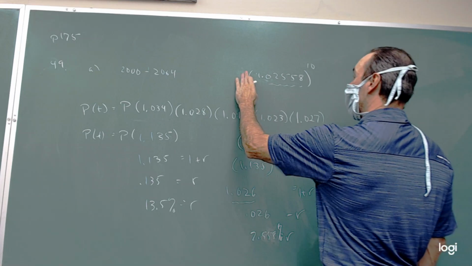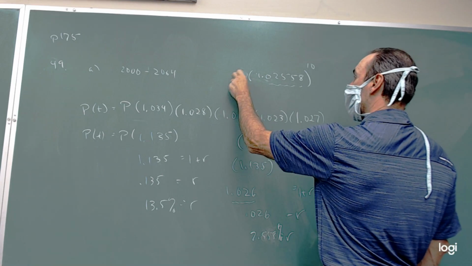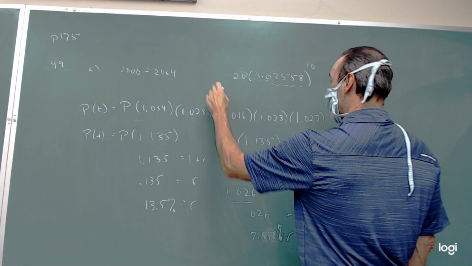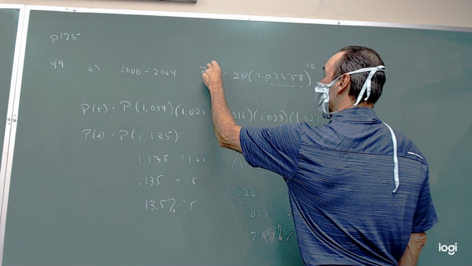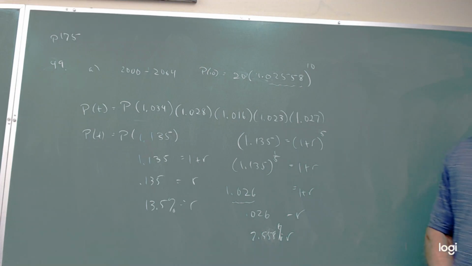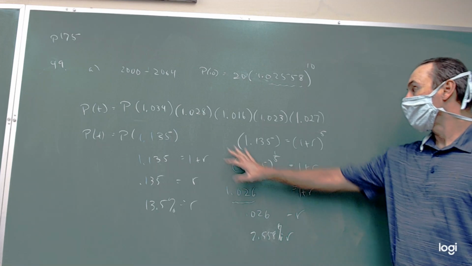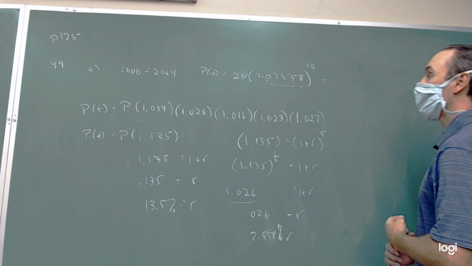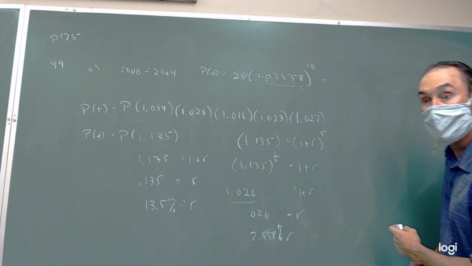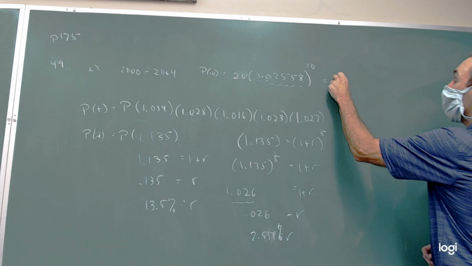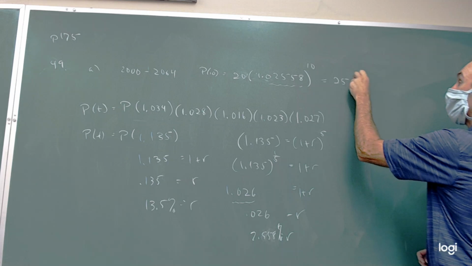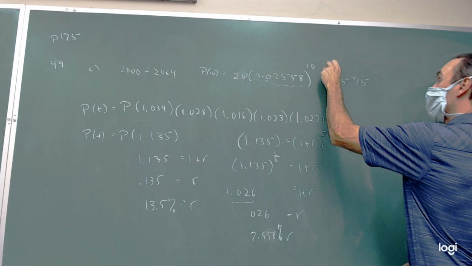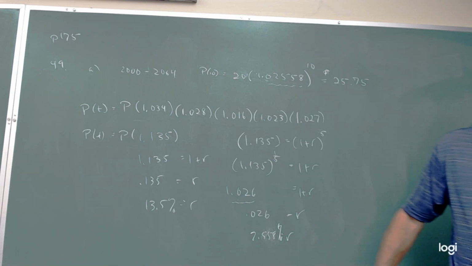And since we said the original price of that shower curtain was $20, that's going to be the cost of that shower curtain 10 years down the road, if inflation continues at the same rate. And anybody get that? $25.75. Say it again. $25.75. Anybody else getting that same thing? Yep. Nice. That makes sense, how we did that?